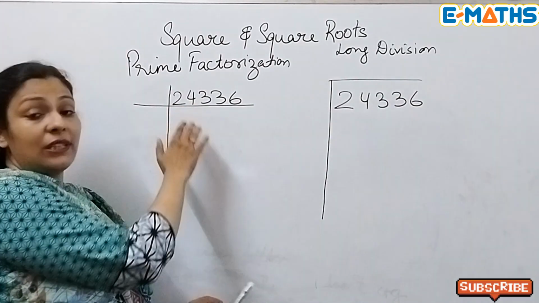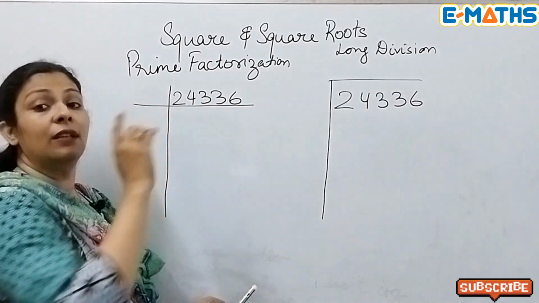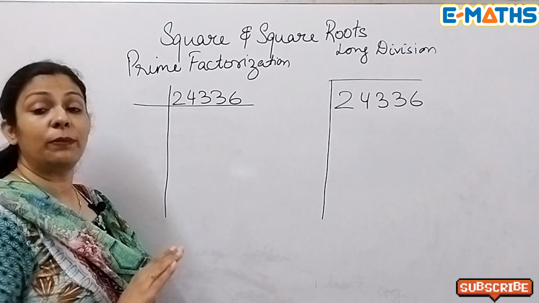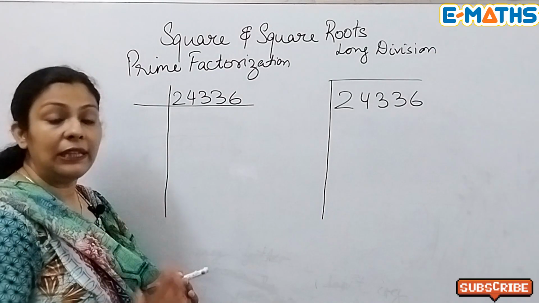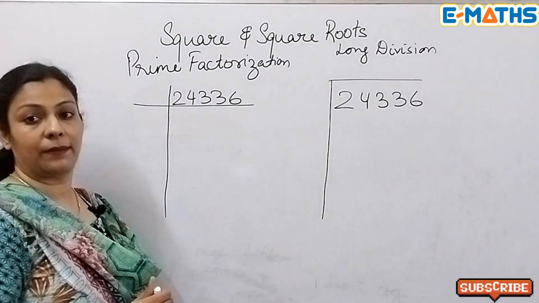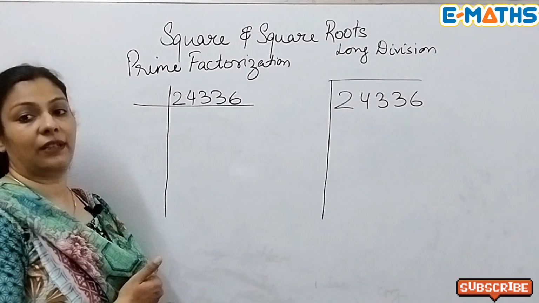Divisibility rules really help here, so your divisibility rules should be thorough. You should learn at least all the rules of divisibility for prime numbers because that helps in prime factorization.